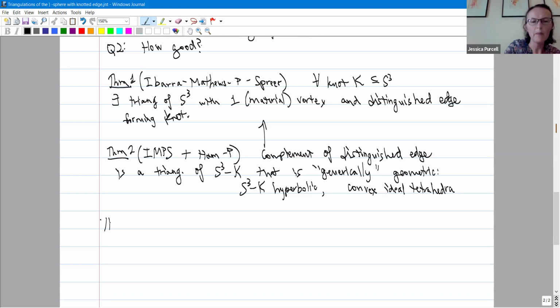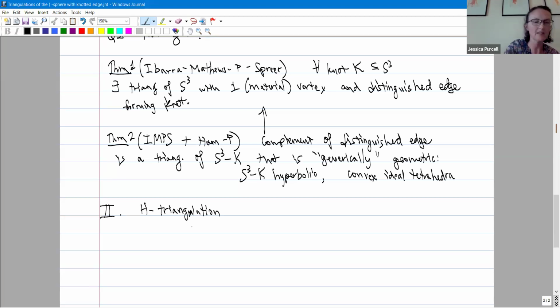Okay, so part 2. Let me say a little bit about how we got interested in this particular problem. We were actually looking at some quantum applications. And so there is a notion of what is called an H triangulation that we learned about relatively recently.